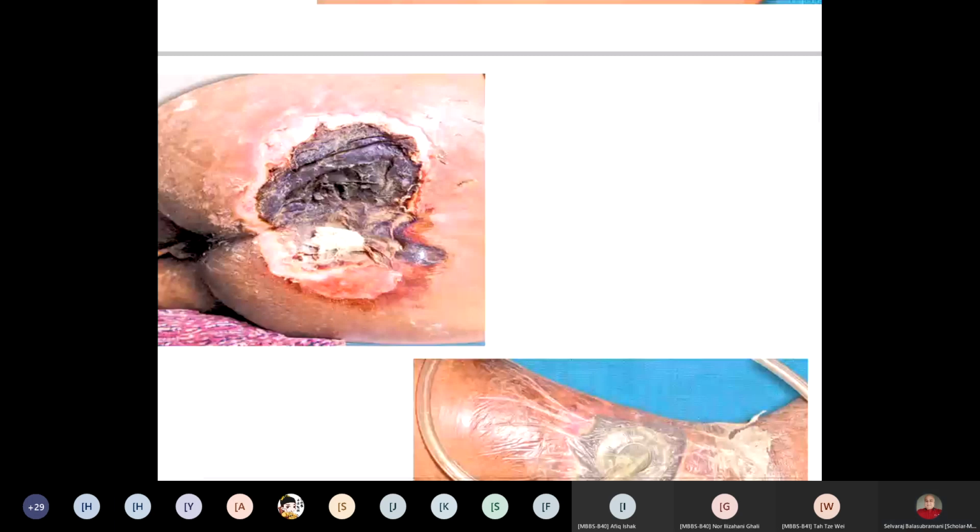I used to show this alpha bed to the students. Whenever I had the chance to have an alpha bed in the ward, for some of your chronically bedridden patients, they used to put this alpha bed. I used to show it, but now we are not going to the hospital, so how can I show you that alpha bed? But there is a video. I have created a video on bed sore.